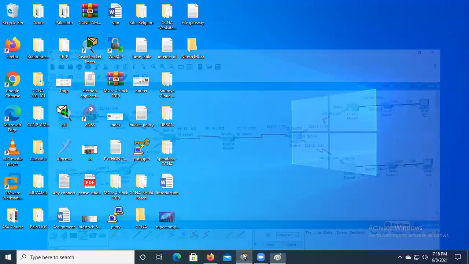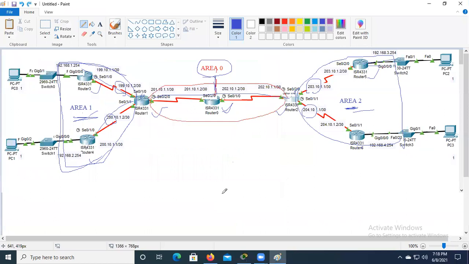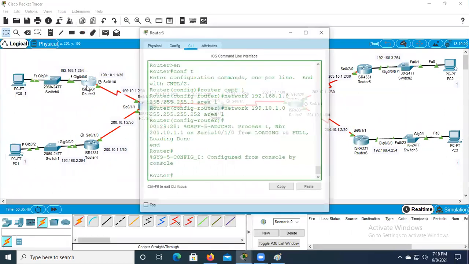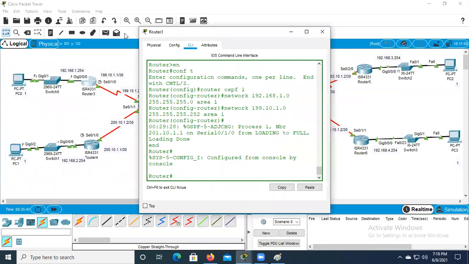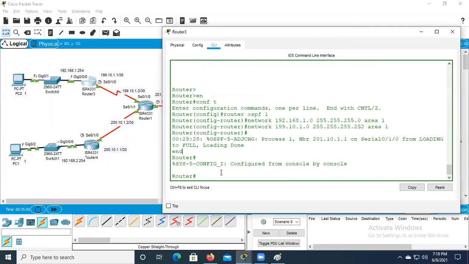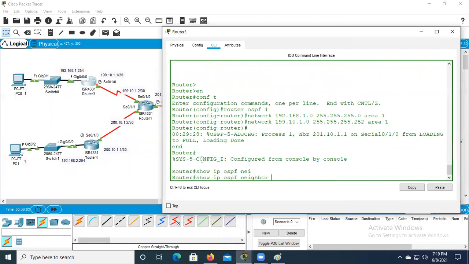Now, according to our lab, almost we have done all the routers in OSPF. Area 0 is done, area 1 is done, area 2 is done. If I go to a particular router and give the command show ip ospf neighbor, how many OSPF neighbors should it establish?